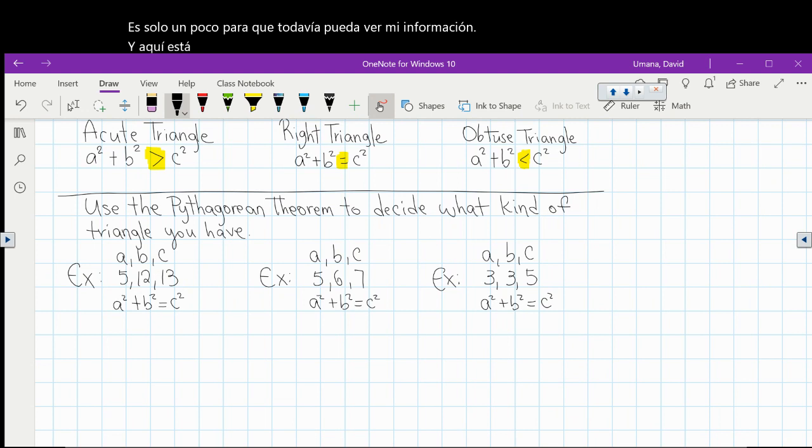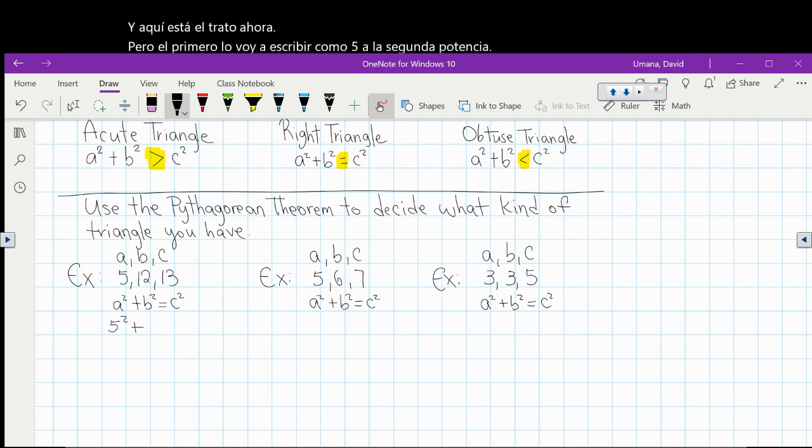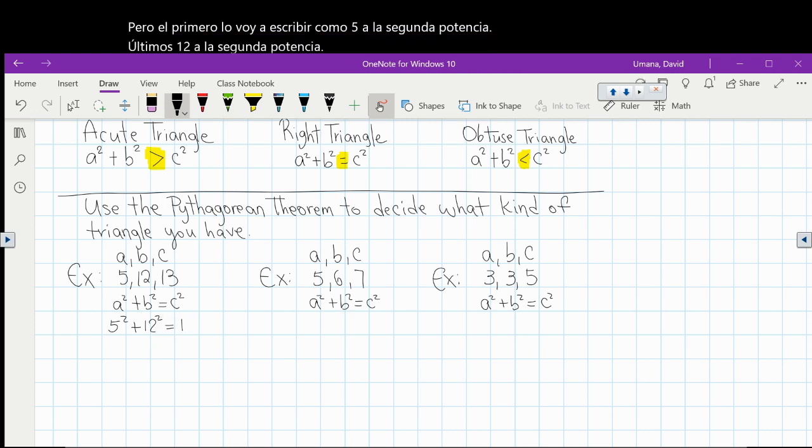For the first one, I'm going to write it down as 5 to the second power plus 12 to the second power equals 13 to the second power. So I'm just literally making the change of the number. Everything is to the second power. Now, if I do that, anybody please call it out. What is 5 squared? So 5 squared is 25.